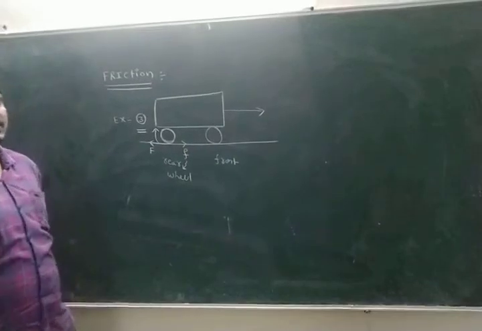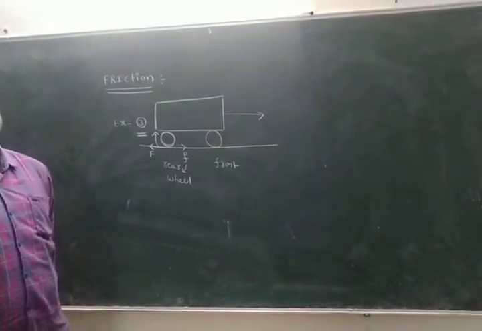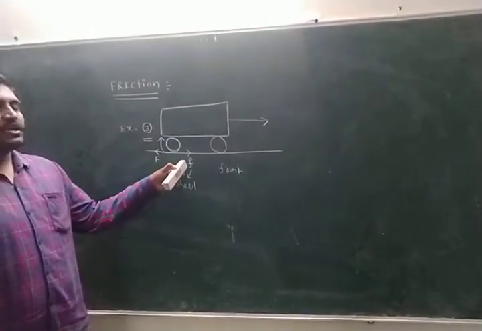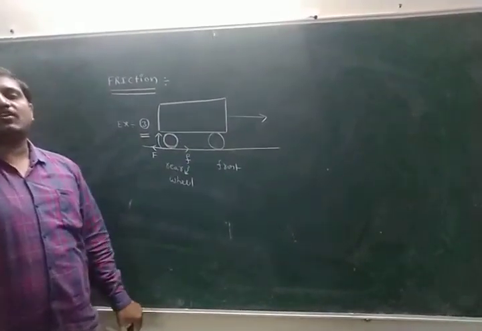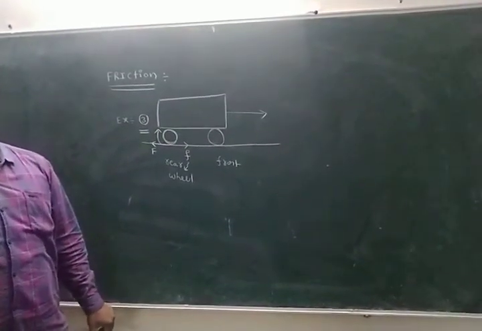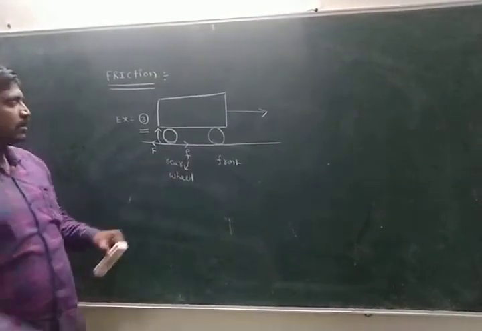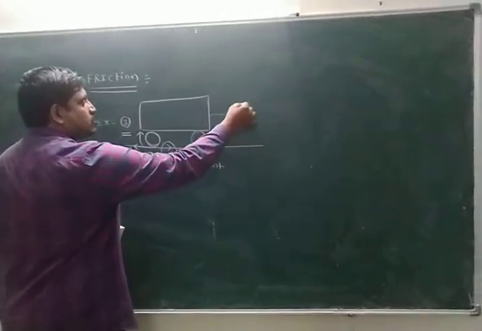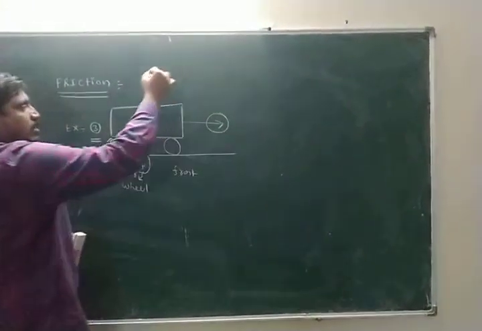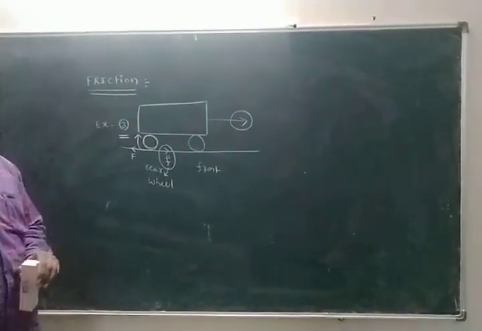What is the direction of friction on the rear wheel? Friction is in the same direction as the motion of the vehicle.